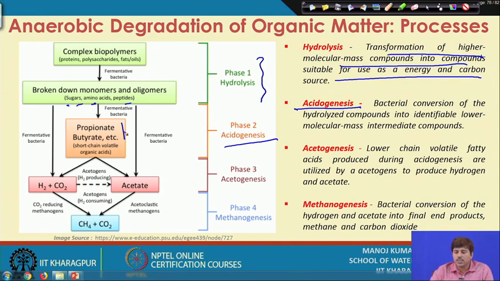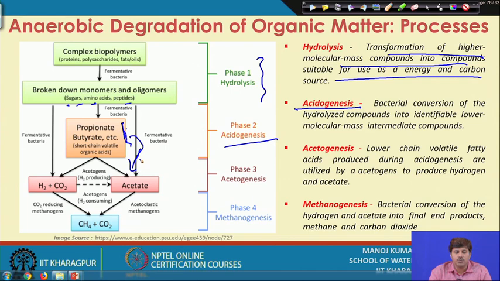In acetogenesis, the long or intermediate chain volatile fatty acids produced are further converted to acetate or hydrogen.